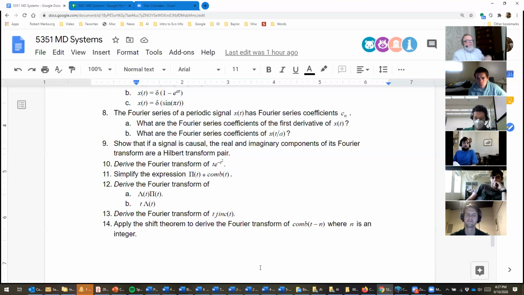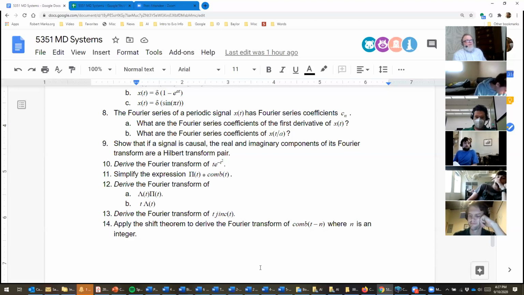What happens if you differentiate a signal? What happens in the frequency domain? You multiply by u. What happens if you differentiate in the frequency domain? What do you do in the time domain? You multiply by t. Minus j2 pi u t, or minus j2 pi t.